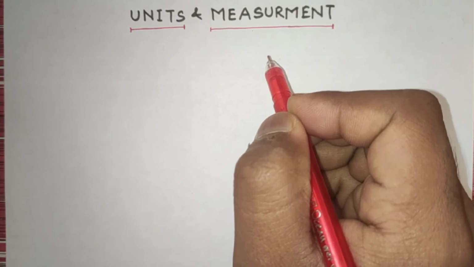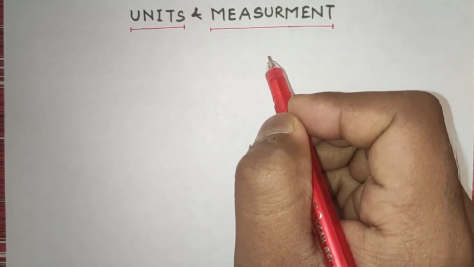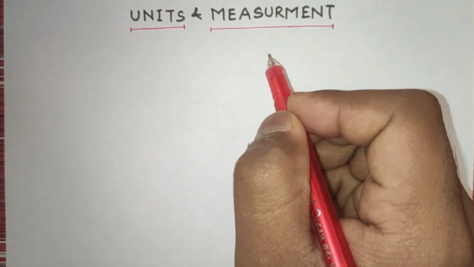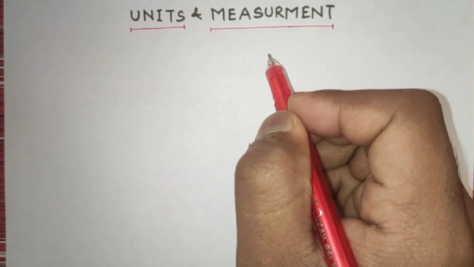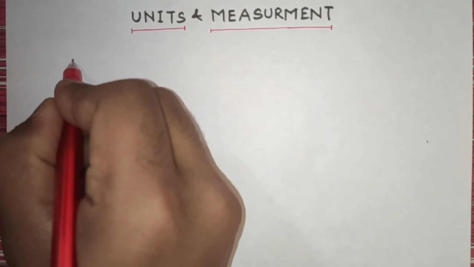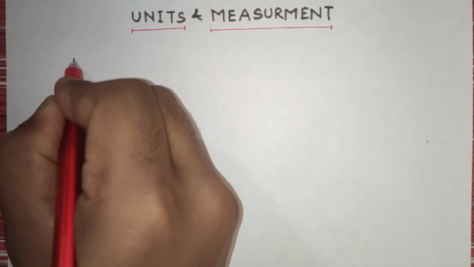We have to measure something. But what? The physical quantities. We have to measure the physical quantities. So, in order to measure the physical quantities, first we need to know what is a physical quantity. Okay? So, let us define the term physical quantity.